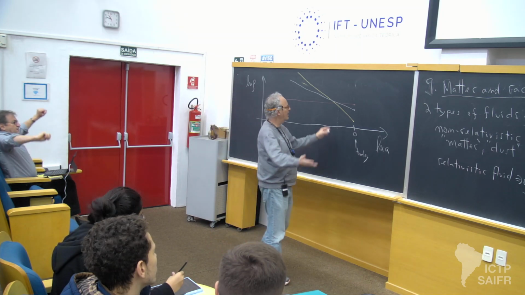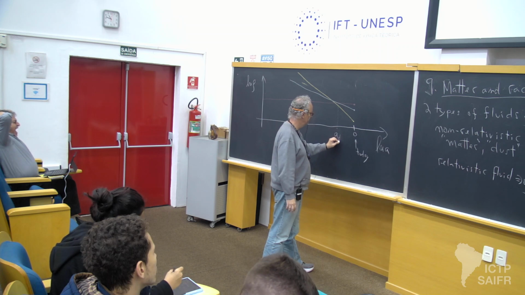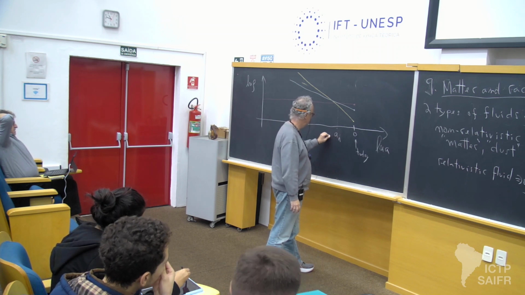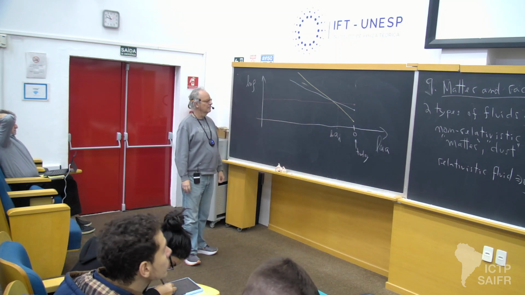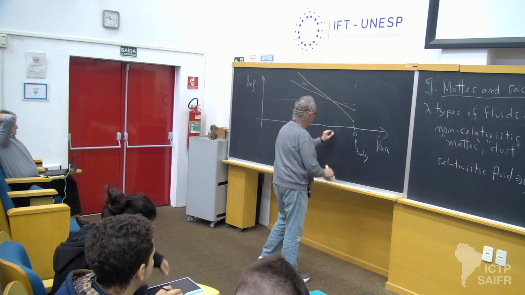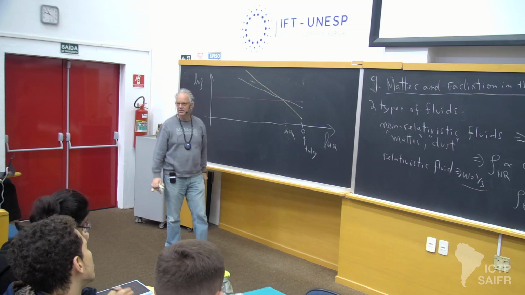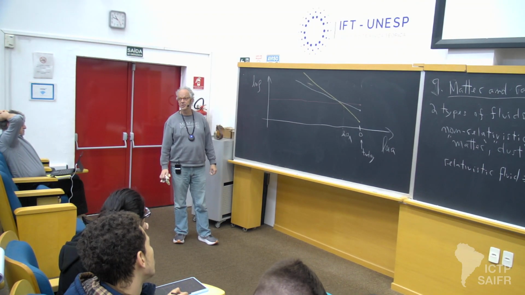So I call this the scale factor of dark energy. Let me call it scale factor of lambda, and this is ln of a lambda. This is the scale factor value when the cosmological constant becomes dominant.